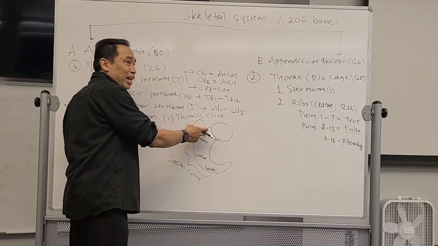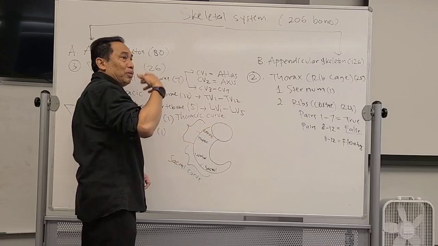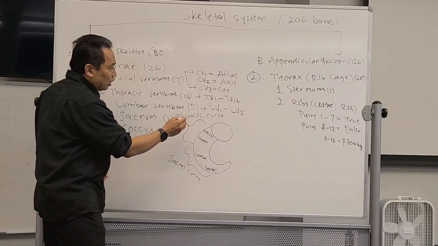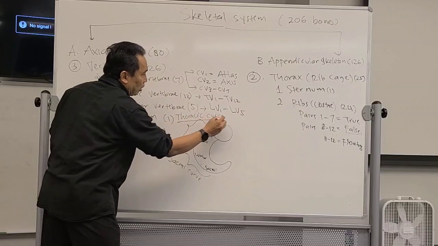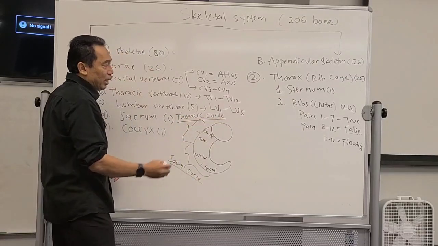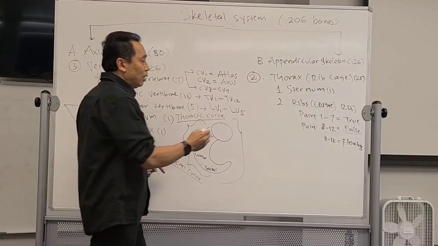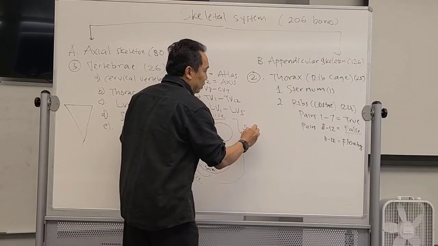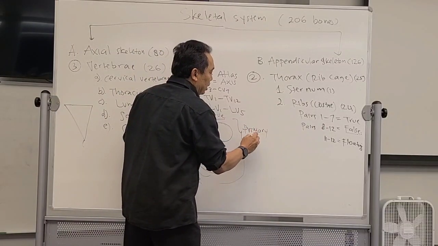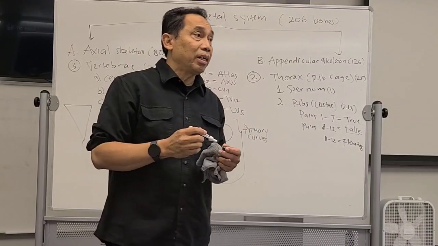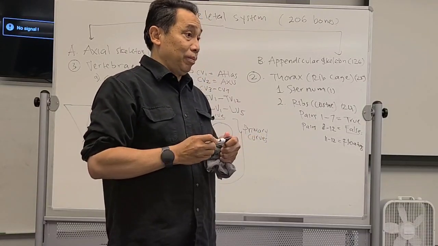They are present later after you grow. So these 2 curves, the thoracic and the sacral curve, are called the primary curve. What is primary curve? The curve that you have since you were born.